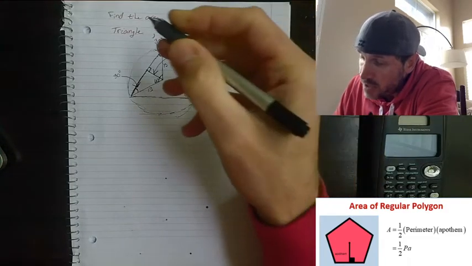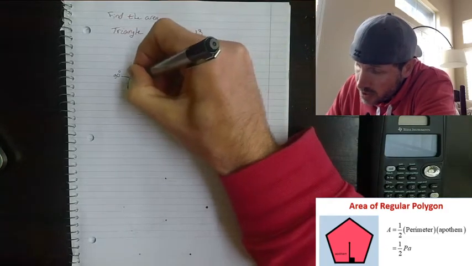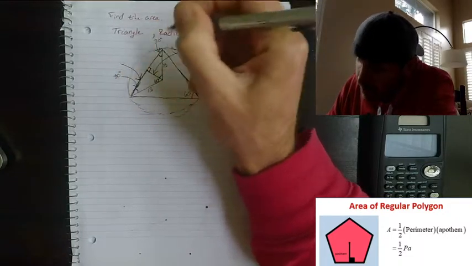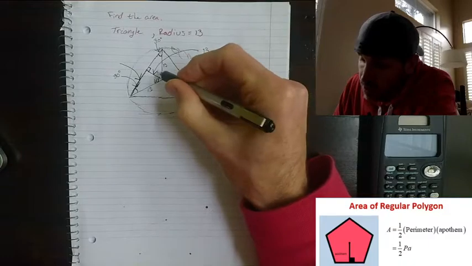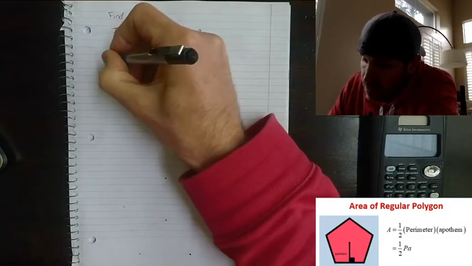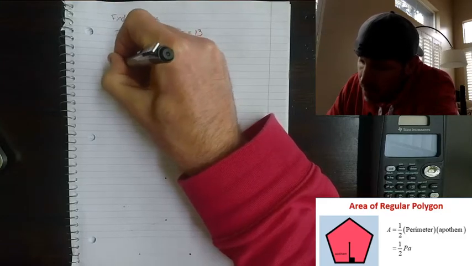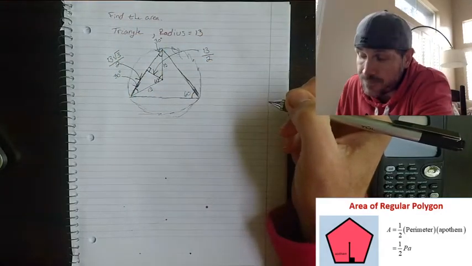This side here is going to be the short side times radical 3, so that's going to make that 13 radical 3 divided by 2.